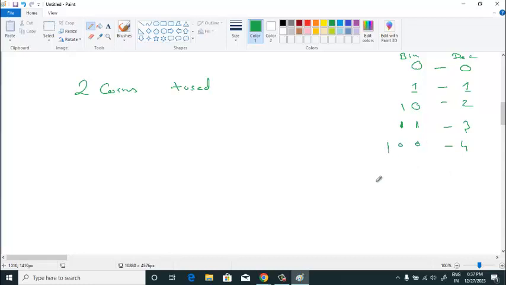Now how do we write 5? We already know 1 and we already know 4. 4 plus 1 is 5. So put 0 here. You understood? You already know 1, no? And you already know 4. 4 plus 1 is what? 5.